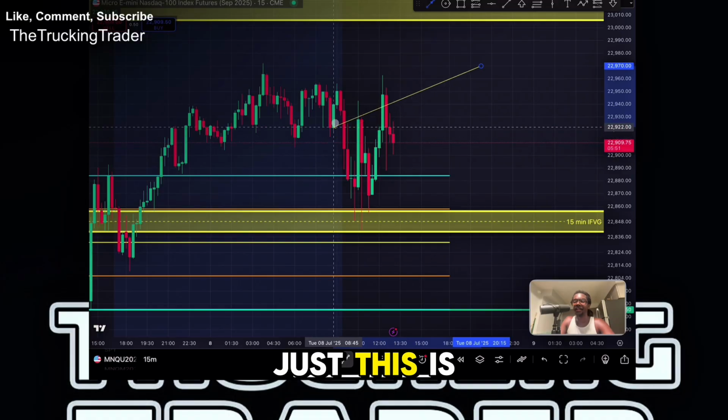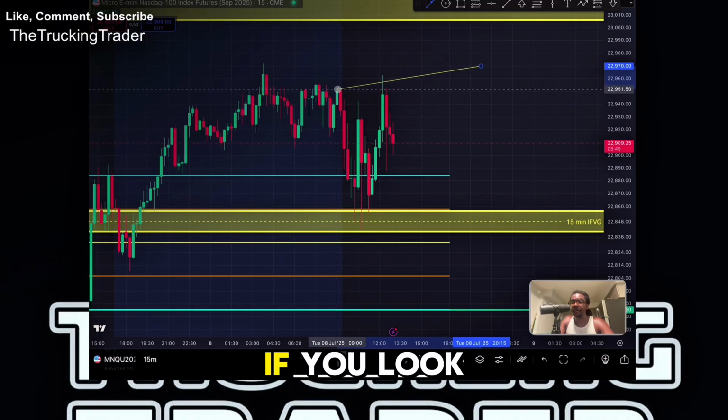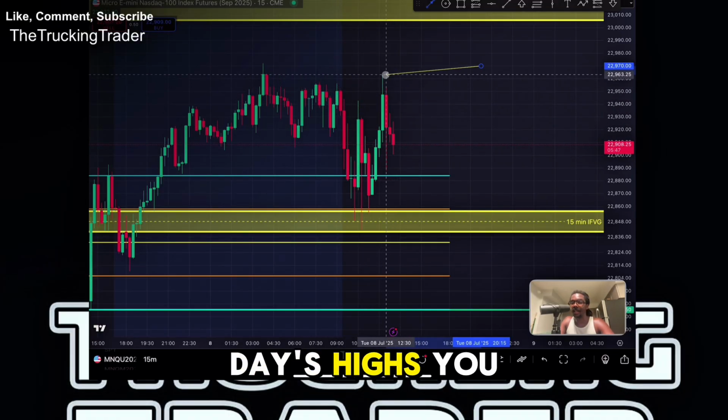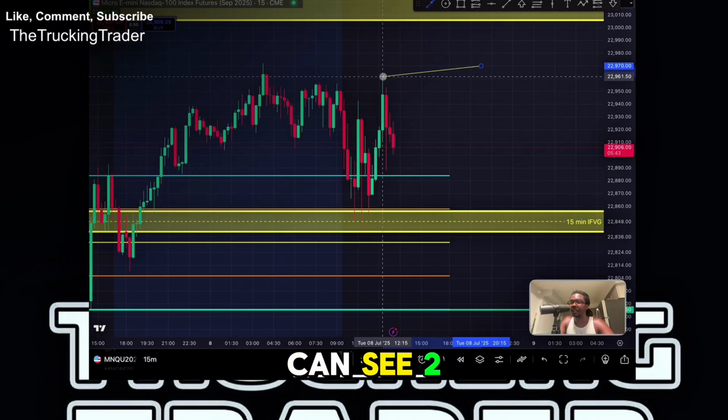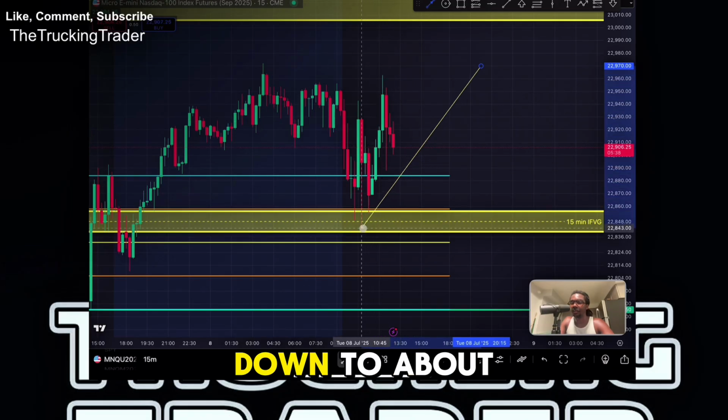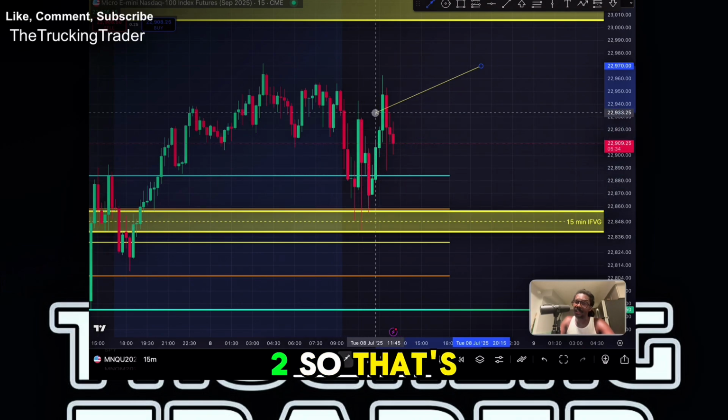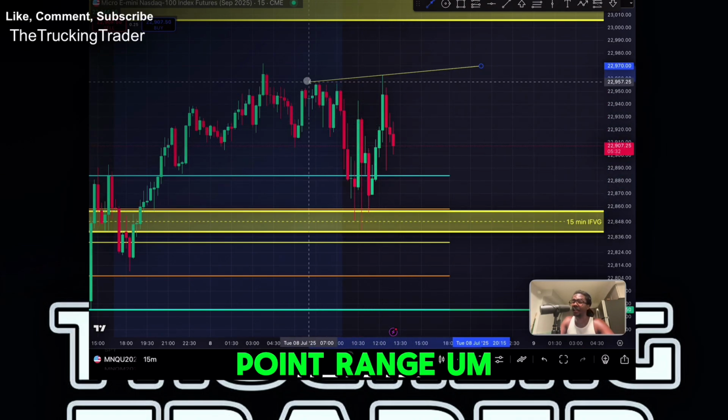All of those could have been trades, but it's not really the type of setup that I felt like taking today, right? This is a really slow market. If you look at the intraday highs, you can see 22961 all the way down to about 22842. So that's only about a 120 point range.